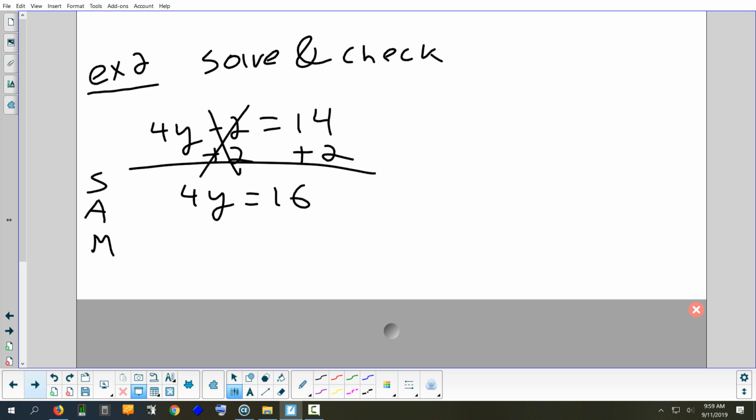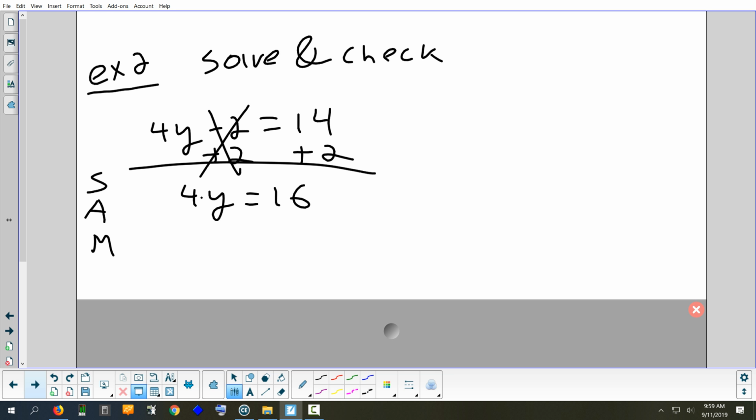Okay, we're done with the A step. No more addition or subtraction. How about M? Multiply or divide? Tristan, do I have any multiplying or dividing here? Yes. What do I have to do? Multiply 4 at both sides. Well, when I look at it, I see this is already multiplication, so I want to do the opposite.